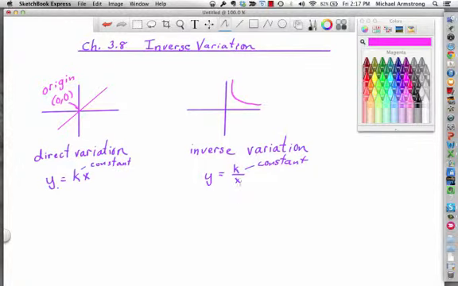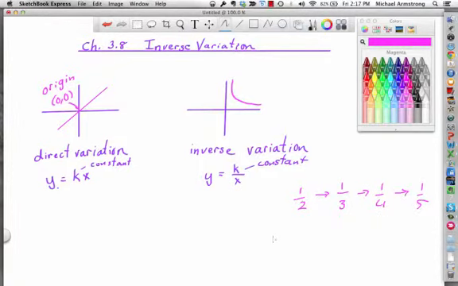It's a little bit harder to describe, but it has something to do with the fact that we have a fraction here. As the number x gets larger, say we had a fraction 1/2, and we change this denominator to 3, and then to 4, and then to 5.